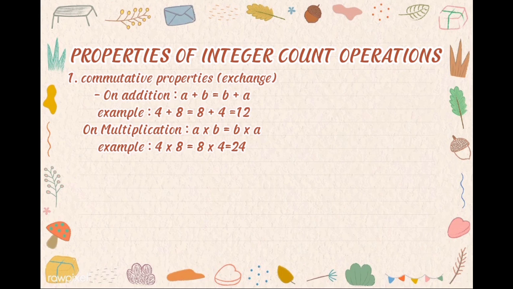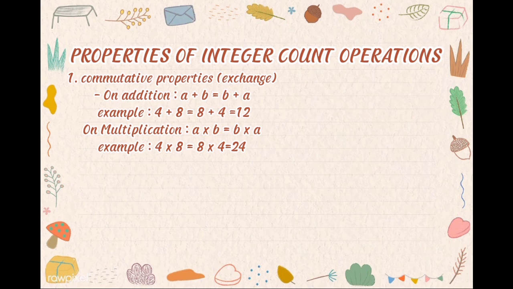The first is the commutative or exchange property. This property only applies to addition and multiplication. In addition, a plus b is the same as b plus a.